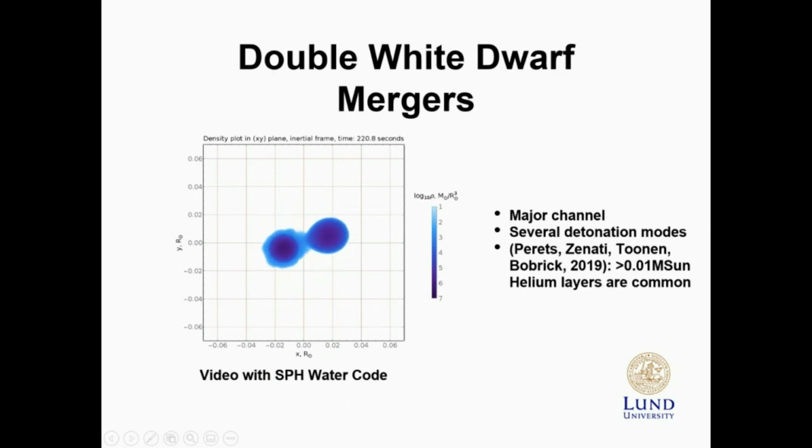In particular, in this video, a massive white dwarf of about 1 solar mass is accreting material from a less massive white dwarf of about 0.6 solar masses, and each white dwarf in this sort of code is represented by a set of particles representing parts of its material. The animation shows the evolution of density over time.